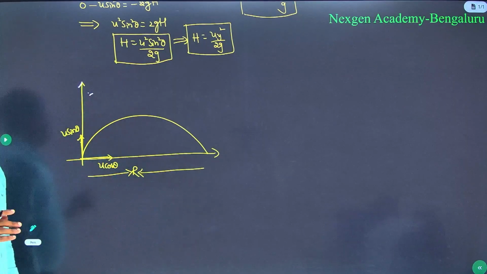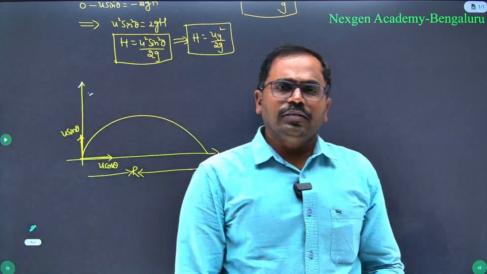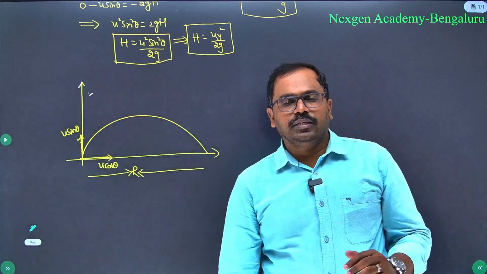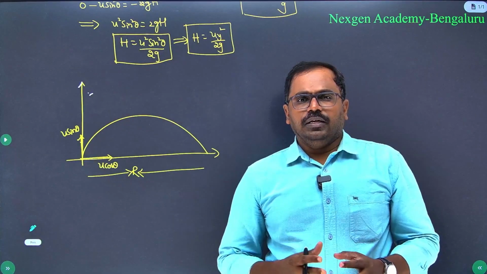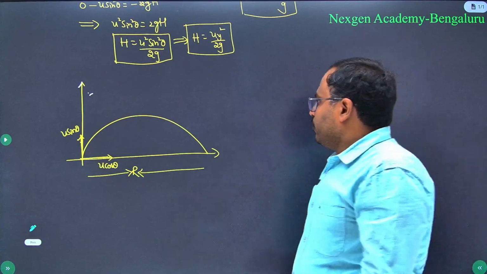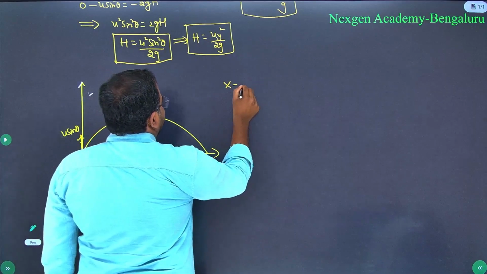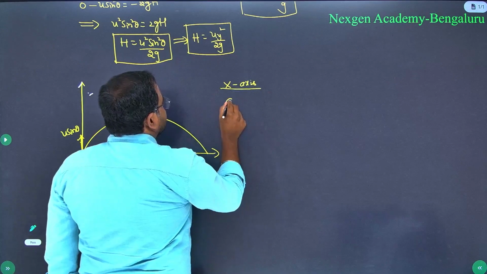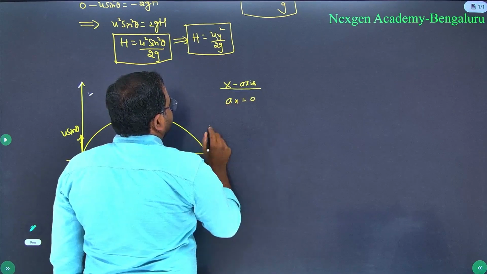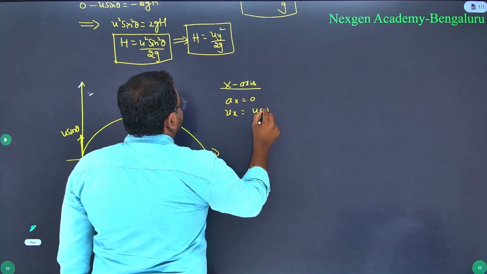So here you tell me one thing. Horizontally distance we have to find. Means horizontally velocity we have to consider. Horizontally acceleration we have to consider. Both we have to consider. Now, as we discussed it, along x-axis, is there any acceleration to the body? Horizontal direction. No acceleration. Acceleration is 0. But velocity is equal to u cos theta.